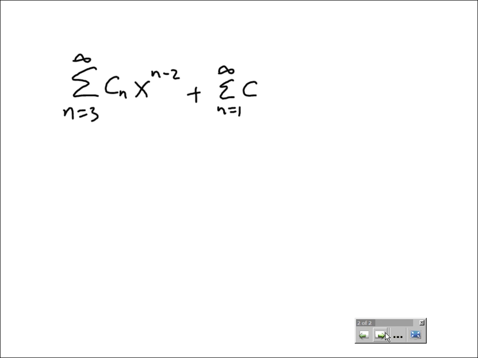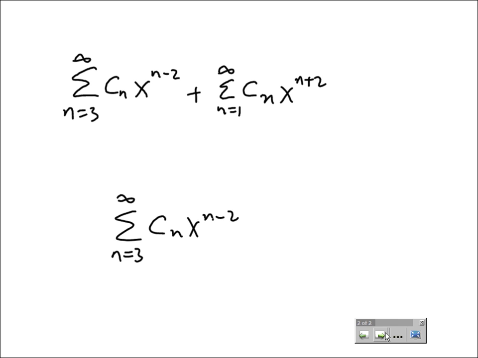Now, that was the easy part. Now we have to learn how to add two infinite series. Suppose you have the summation as n goes from 3 to infinity of c sub n x to the n minus 2, plus the summation as n goes from 1 to infinity of c sub n x to the n plus 2. Now, just so we're on the same level, let's talk about what this means.